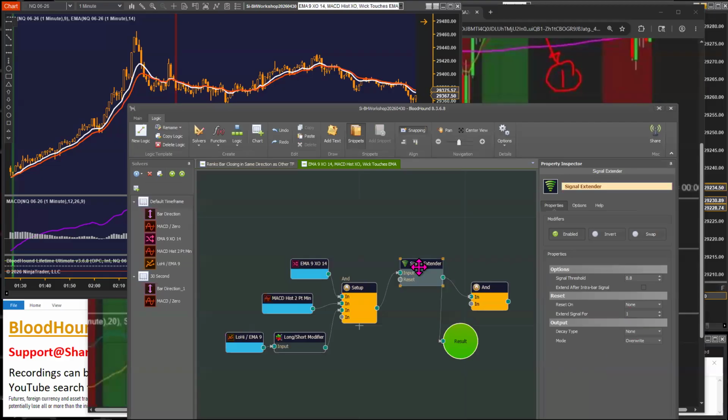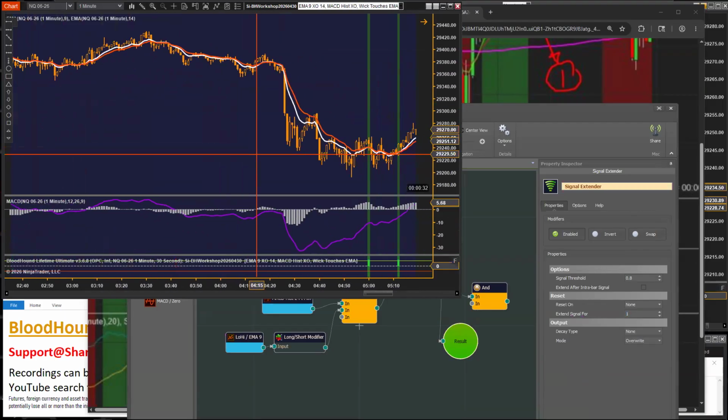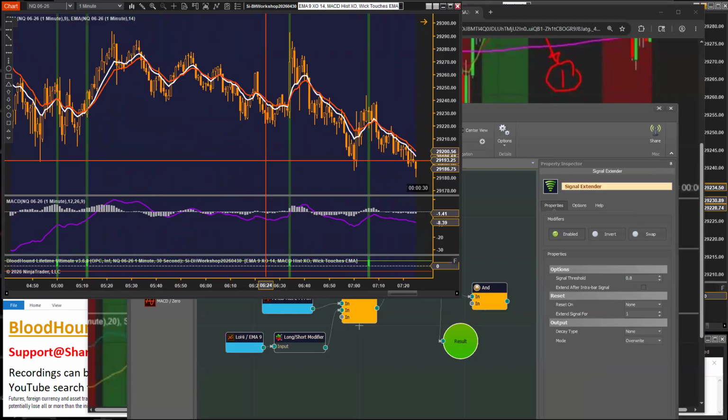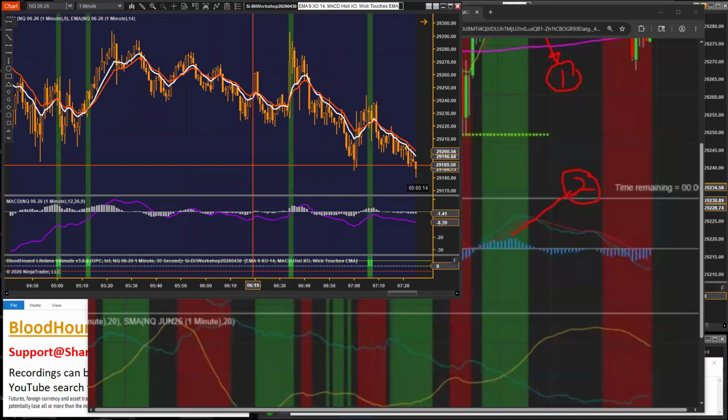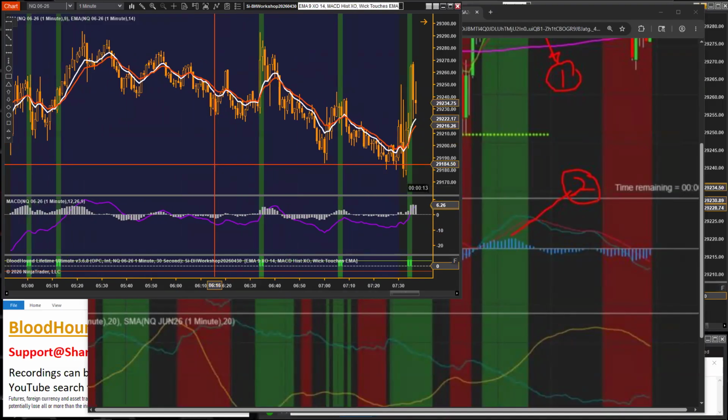That signal extender only extends for 1 bar, so that wouldn't change much, actually. There we go.